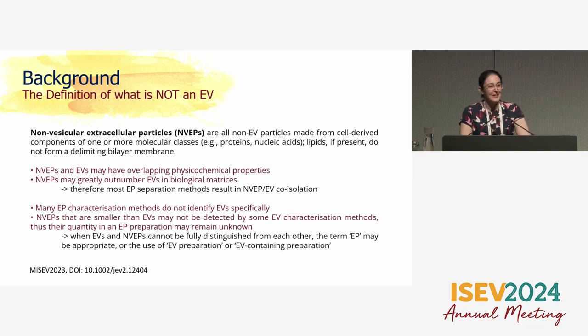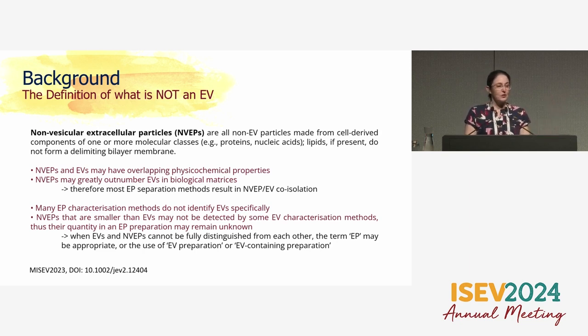Under the NVEP category, we have all of the non-EV particles. These are derived from cells, and they can contain a molecular cargo, so proteins, nucleic acids, and lipids, but the key thing is they do not have that delimited membrane.